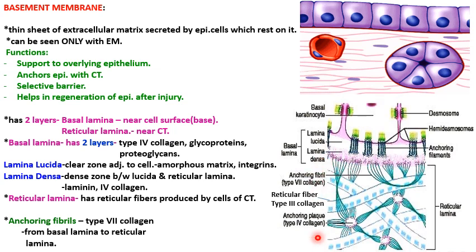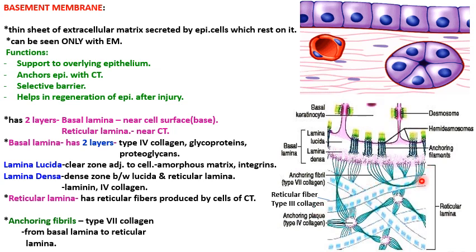Now coming to the reticular lamina. The reticular lamina has various reticular fibers, as the name goes, and these fibers are produced by the cells of connective tissue. Whenever we say fibers, they are produced from fibroblasts.